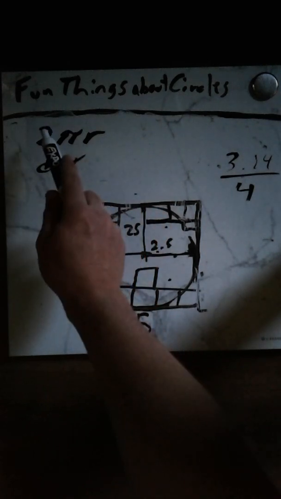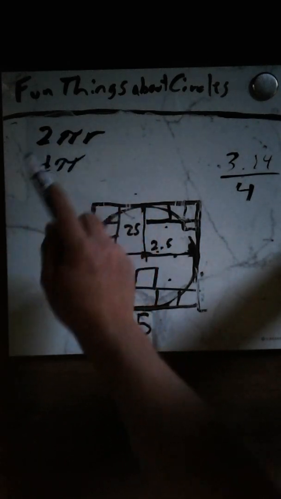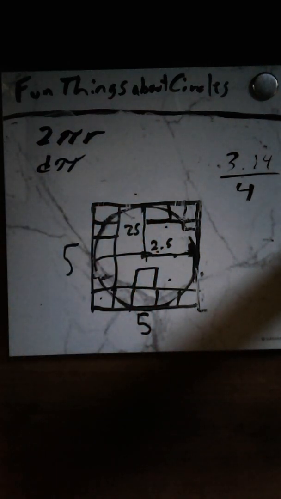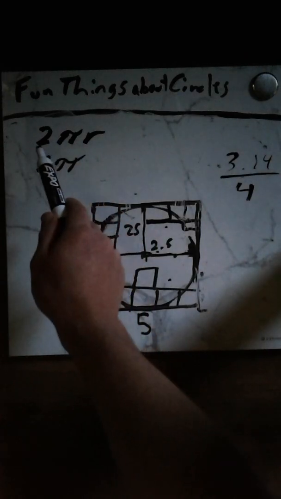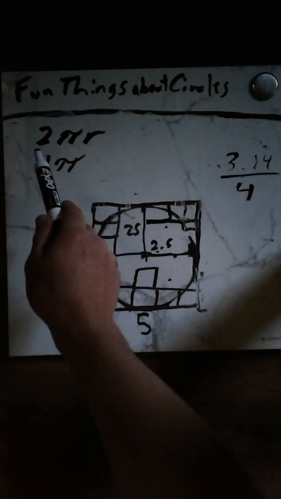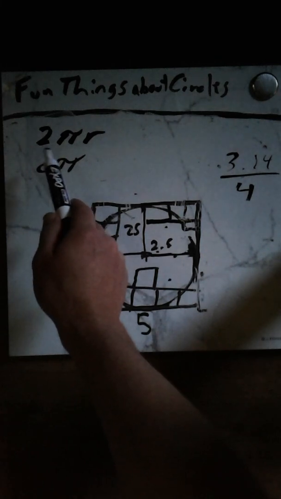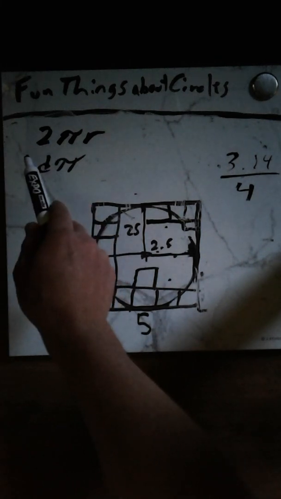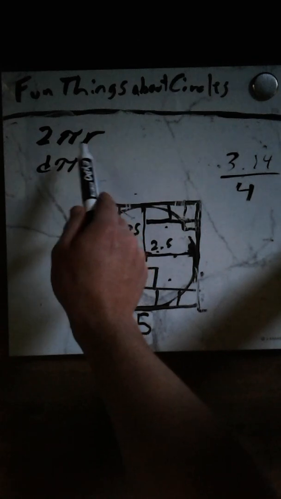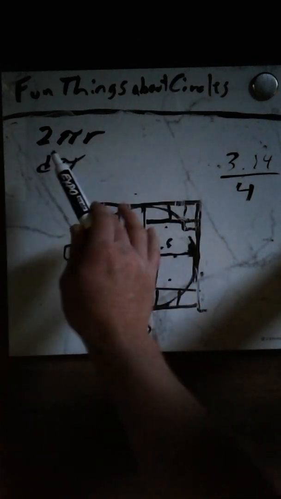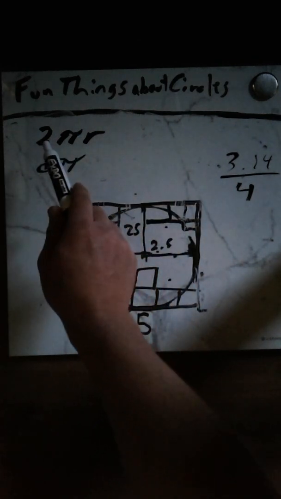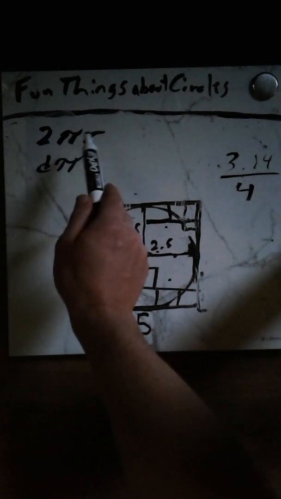Mathematicians write it 2 pi r because we have a convention that if you have a coefficient that's a number, you put it at the front and you put the variables or the constants to the right of it. But you could just think of it that you're really thinking about the diameter.